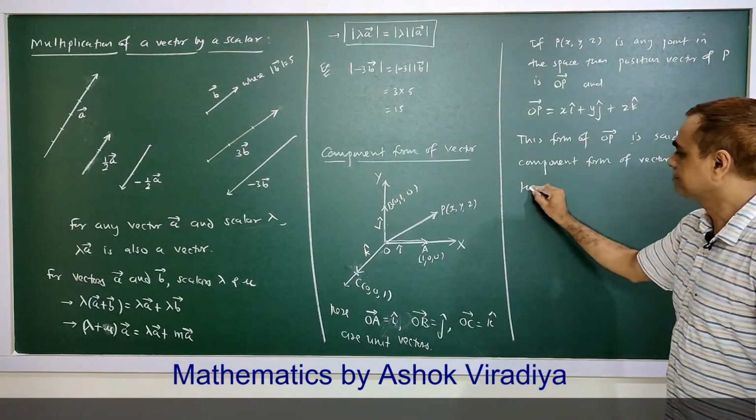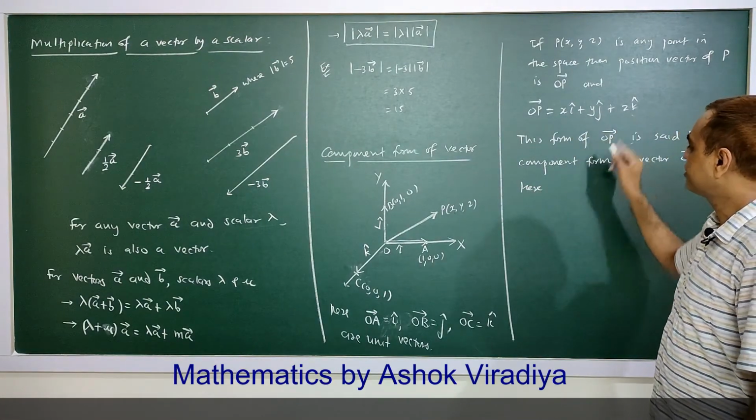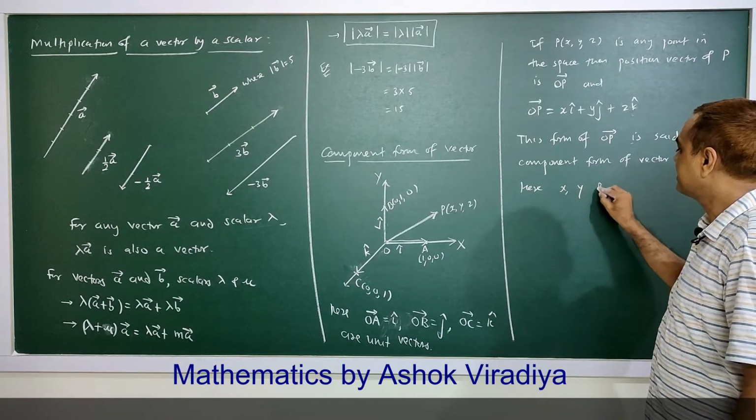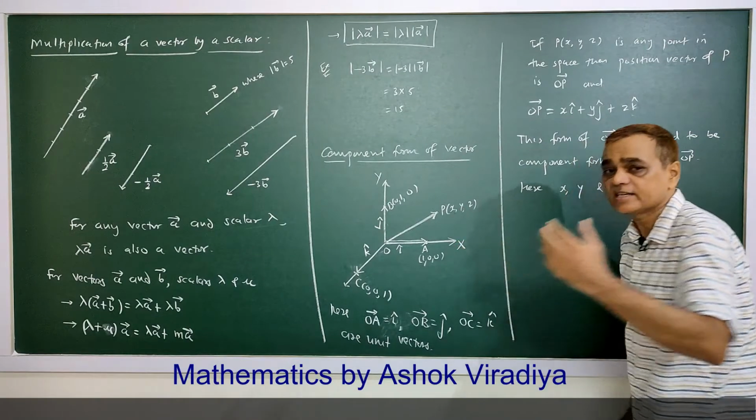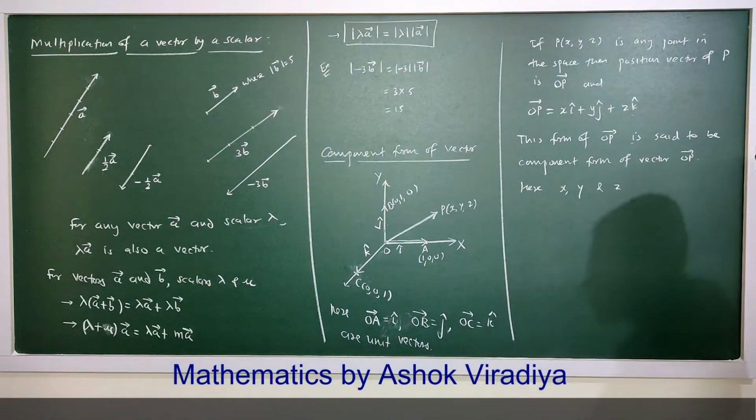And see here, these coefficients x, y and z are real numbers. They can be any real numbers, positive or negative.